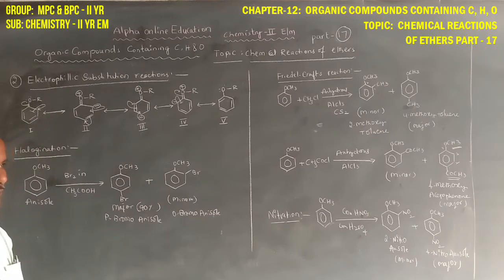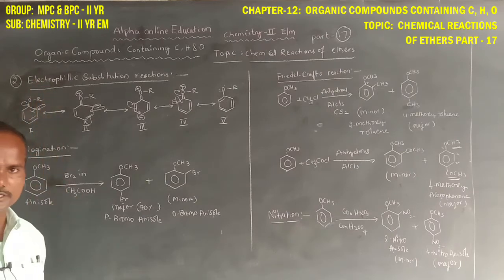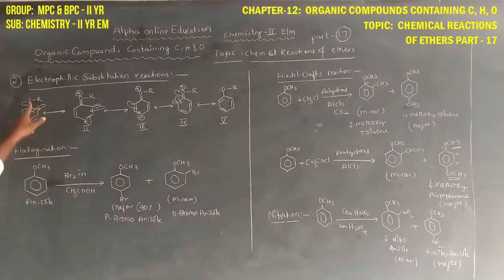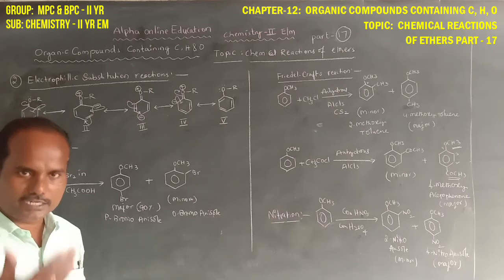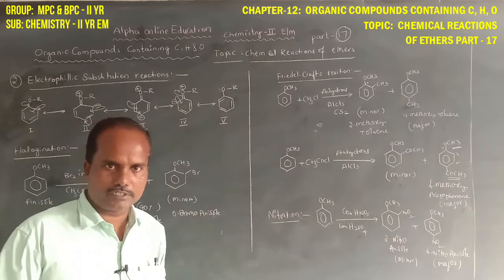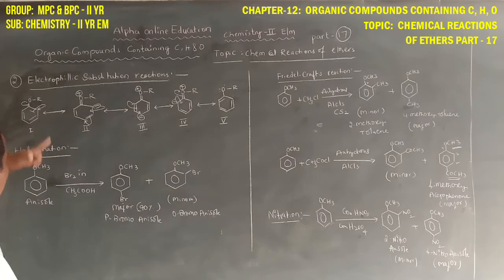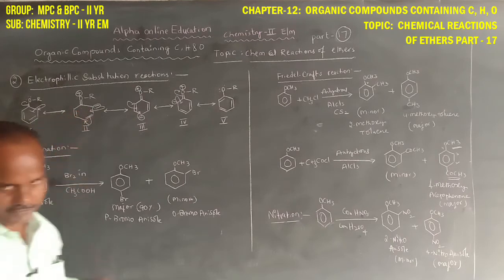When compared with the benzene nucleus, alkoxyarenes are much faster in electrophilic substitution reactions, because the alkoxy group in general acts as an electron releasing group, ring activating group, or ortho-para directing group.